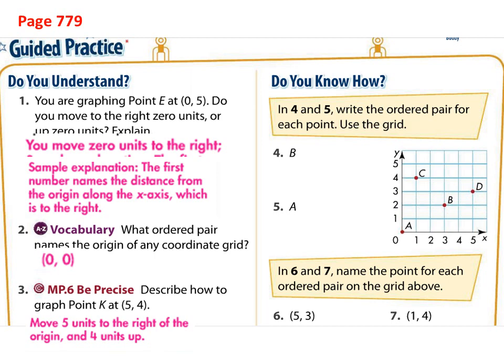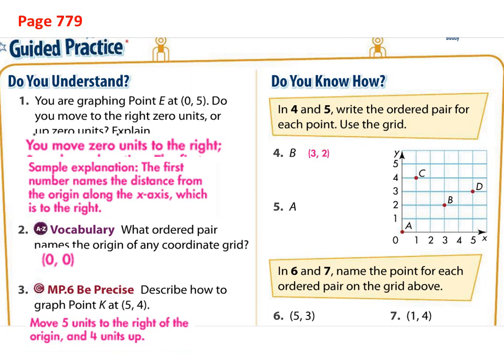Now, question 4. In 4 and 5, write the ordered pair for each point. Use this grid. Look at the grid and write the ordered pair for the point P and the point A. Stop the video, write your answer, come back again if you have finished. Finished? Yes?